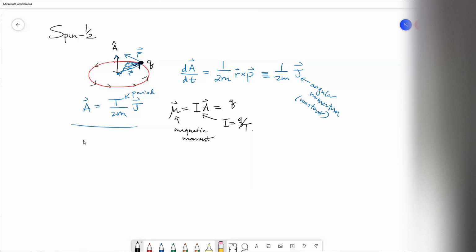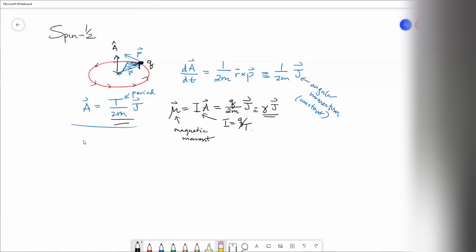And we can write this as Q over 2m times j, just combining these two things. And this is often written as gamma j.